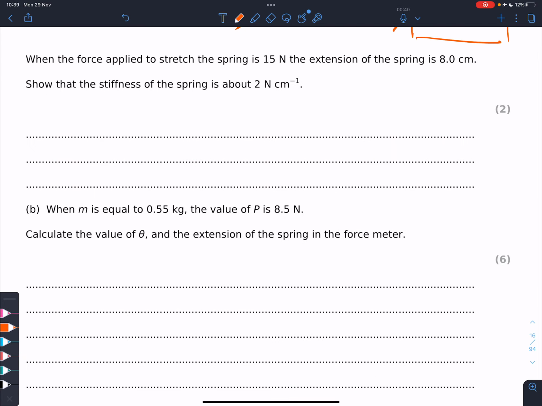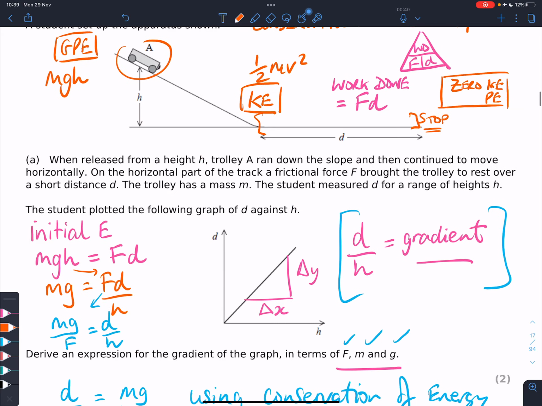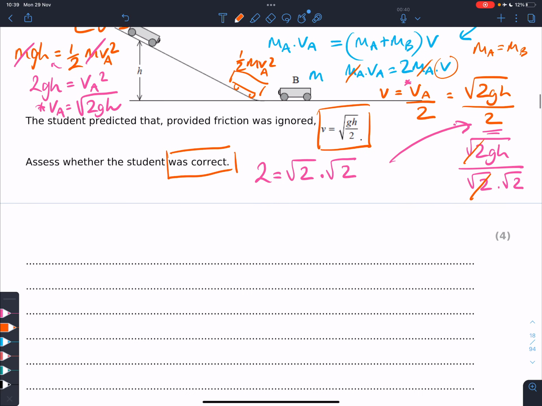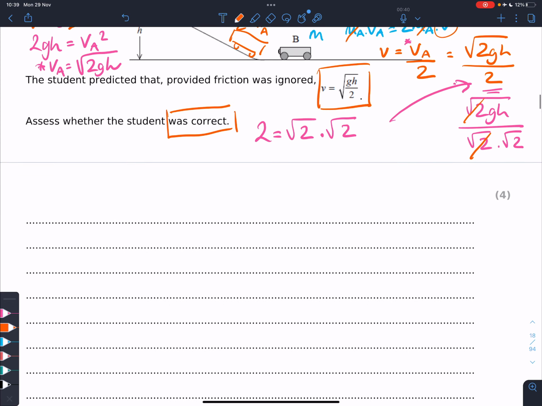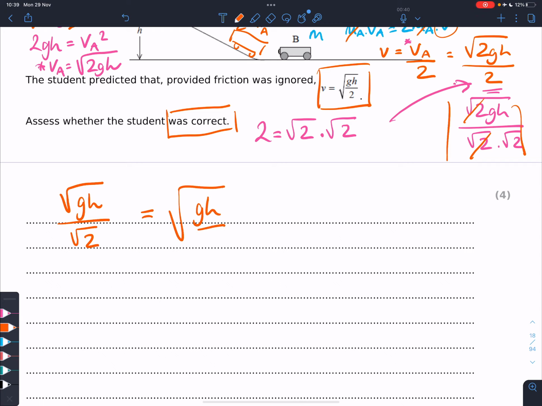Don't forget, we'll still have the root gh there. So we'll have root gh on the top, divided by root 2. Now, we can say that that is the same as root gh over 2, which is what we were looking for. And that equals this velocity, v equals root gh over 2.